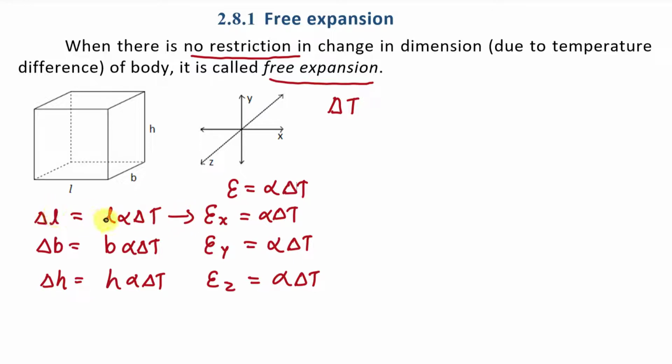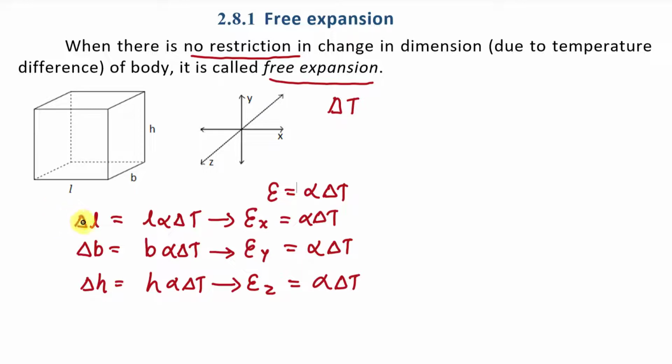Here we can also find out this from here. If we take delta L divided by L, then we will get strain in x direction, that is alpha delta T. And similarly, delta B by B will be alpha delta T, that is strain in y direction, and delta H by H will be alpha delta T, and it will be epsilon Z, that is strain in z direction. We can also say that this delta L is deformation due to temperature in x direction, right?